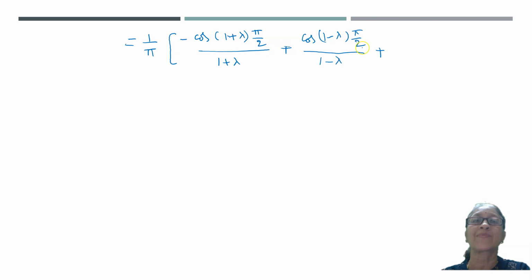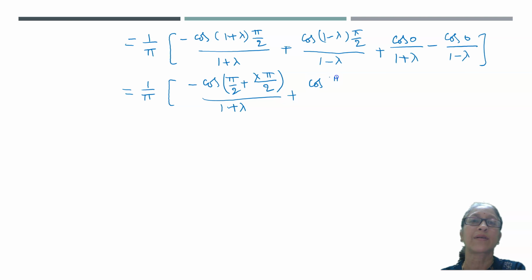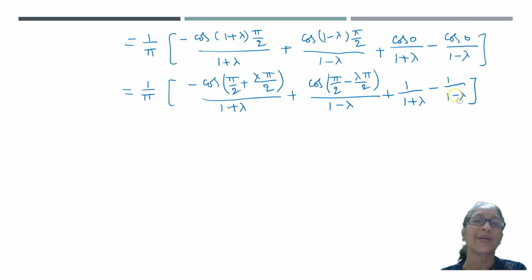Here, whenever you are applying the lower limit, these signs will change. So here minus becomes plus: cos 0 upon (1 plus lambda) minus cos 0 upon (1 minus lambda). Here cos 0 is 1, so we get 1 by pi, minus cos (pi by 2 plus lambda pi by 2) upon (1 plus lambda) plus cos (pi by 2 minus lambda pi by 2) upon (1 minus lambda) plus 1 by (1 plus lambda) minus 1 by (1 minus lambda).